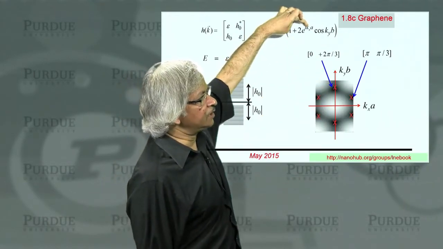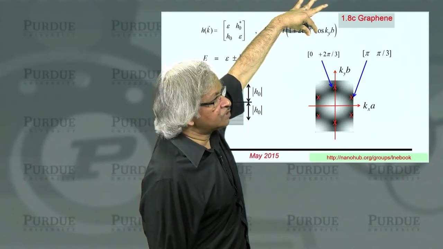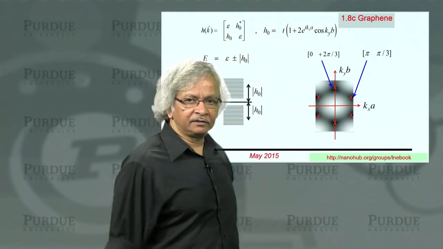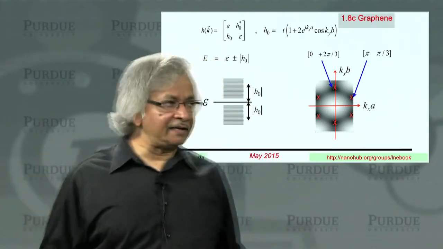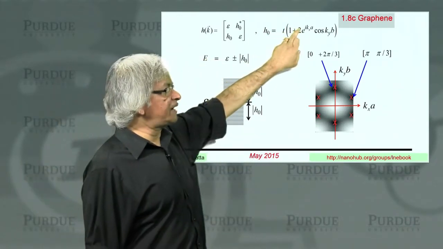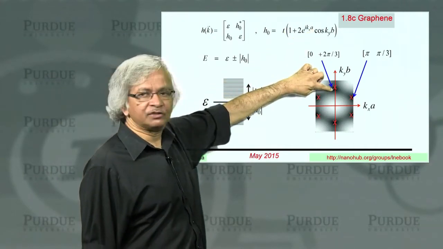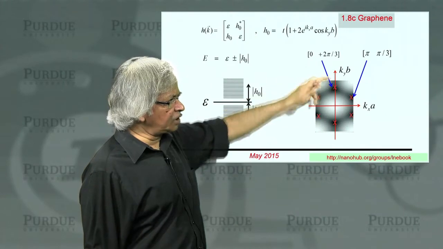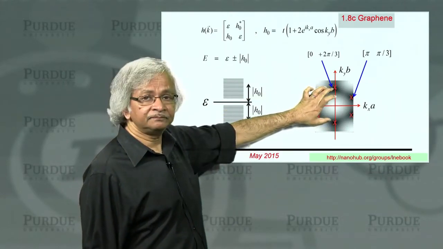Because if kx is 0, the exponential is just 1. But cosine of 2 pi over 3, that's cosine 120 degrees, is minus a half. And so 2 times minus a half is minus 1, that cancels the 1. So that's where H0 is 0. And the same works for, of course, minus 2 pi over 3. So those are 2 points there.